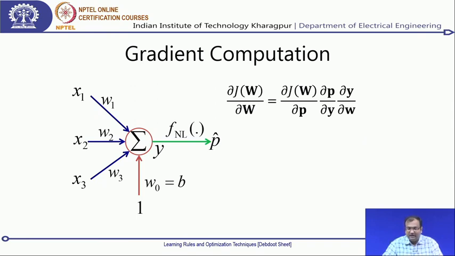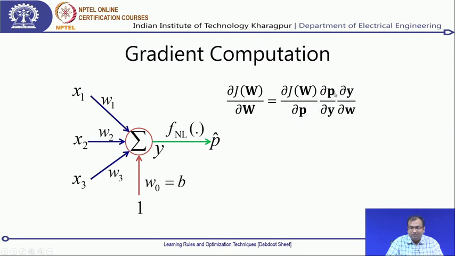So, your del w of J(w) would actually be a product of a few partial derivatives, because your J(w), the cost function, does not have w in itself. It just has the prediction over there. So, it is a del p of J(w). Next, the prediction p is dependent on y in terms of the nonlinearity.